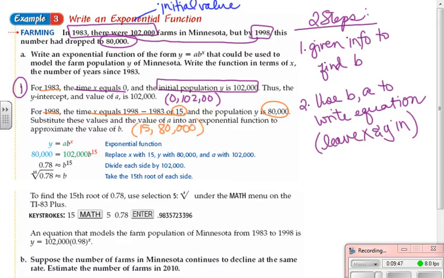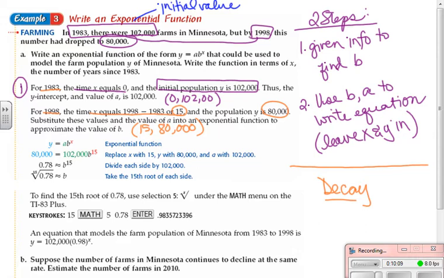So our inputs, our domain here, are years, and our range, our outputs, are number of farms. We know it's decreasing. We know that this is a decay graph. So we know in our heads before we even start that our b value has to be less than 1. So it's a nice way to check ourselves.